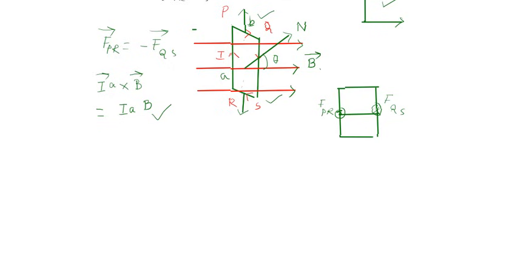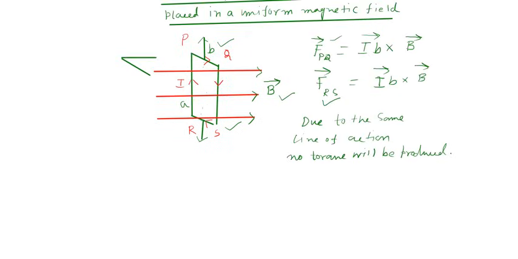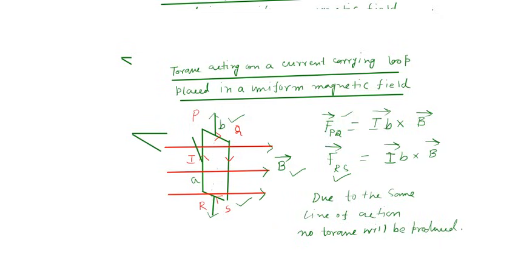You can see, if I draw here, FPR will have a direction like this, and FQS will have a direction like this.